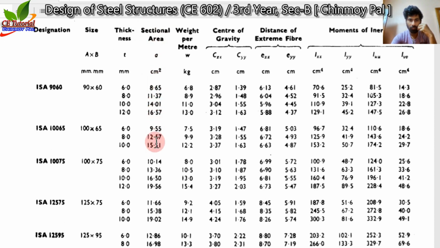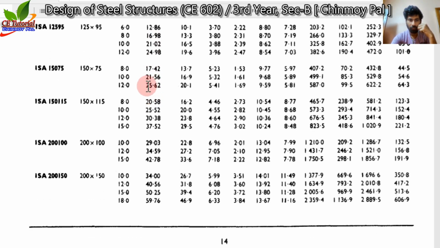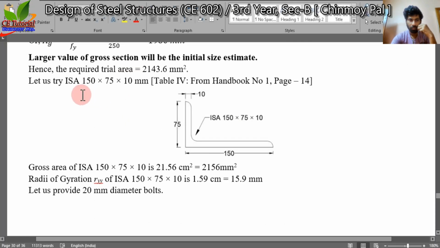In this column you can find the value of the cross sectional area, which is slightly larger than our required area. This is 21.56 centimeter square. This is slightly larger than our required area, and we can select this section, that is ISA 150x75x10. So let us try ISA 150x75x10.